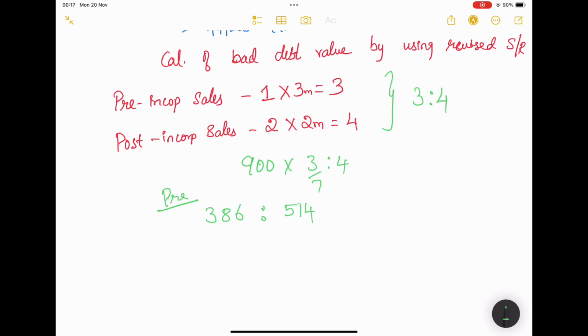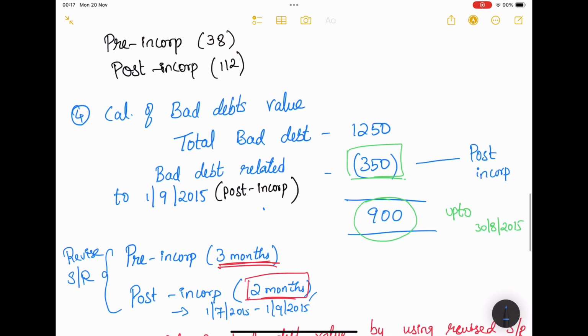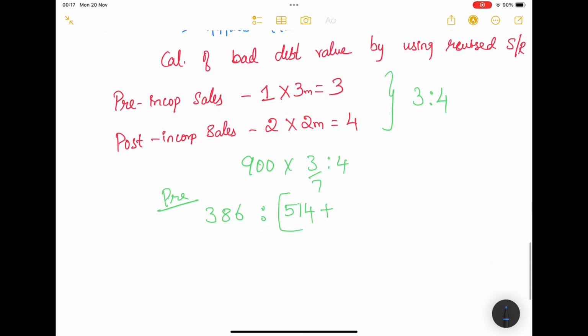But wait for a moment. We have one more thing here. This 350 is fully related to post-incorporation. So obviously we have to add this 350 to 514, isn't it?